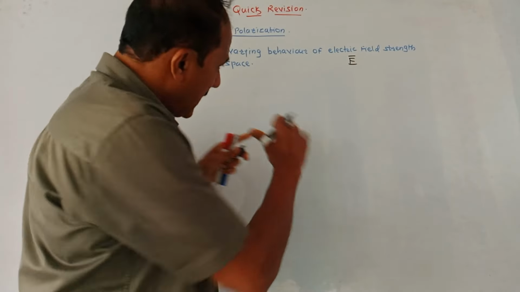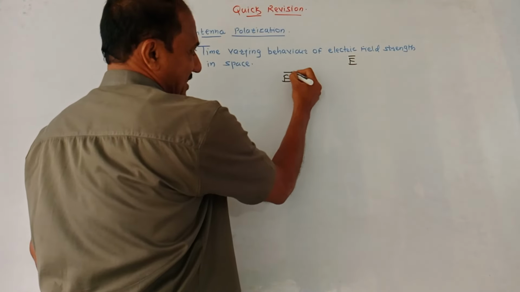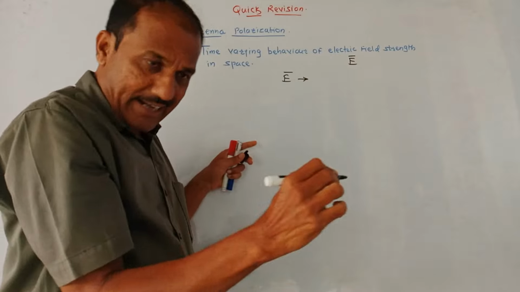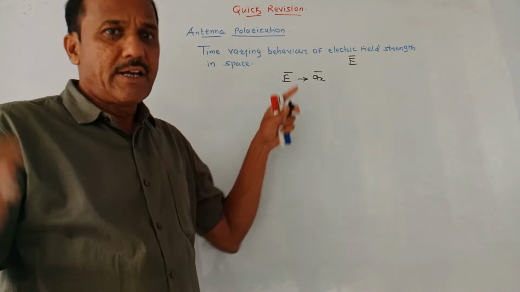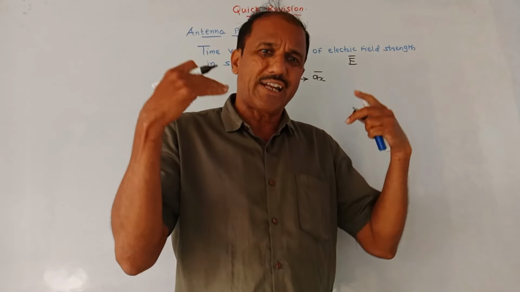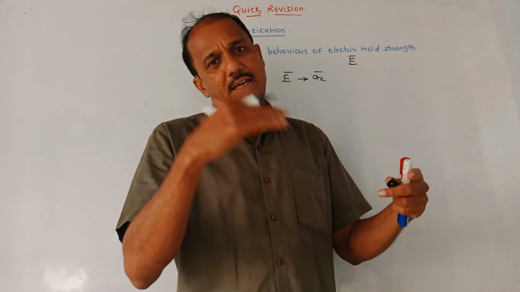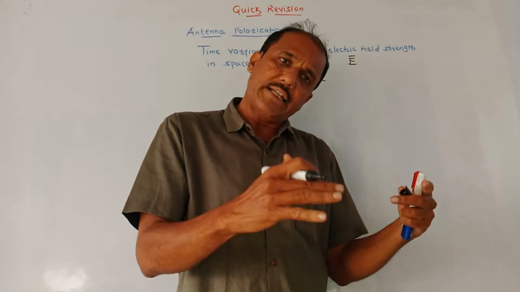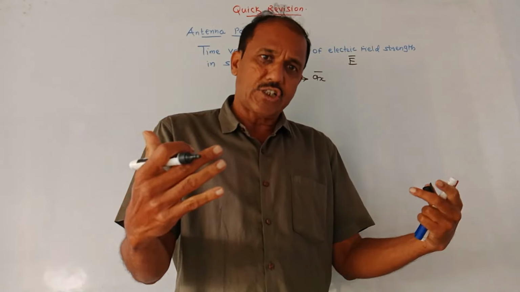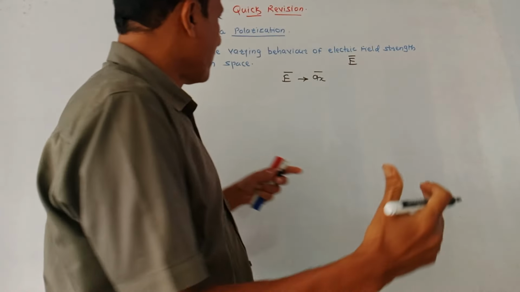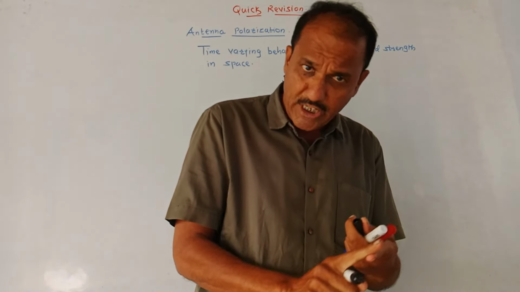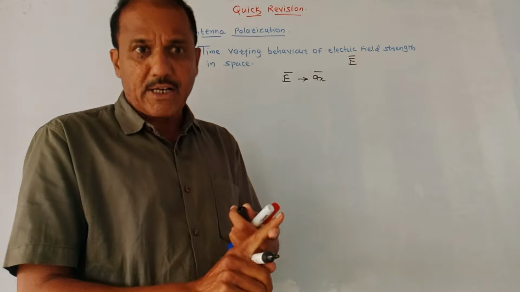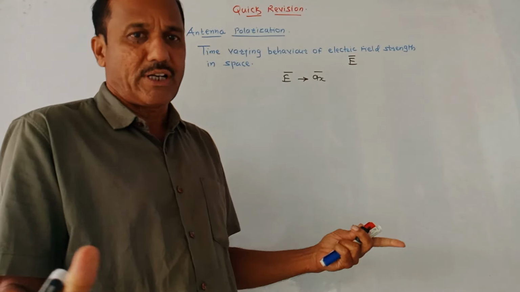If E bar is along the X direction, then the wave is said to be polarized along X. Similarly, if E bar is along Y, the wave is polarized along the Y direction, and so on. There are three major types of antenna polarization: linear polarization, elliptical polarization, and circular polarization.